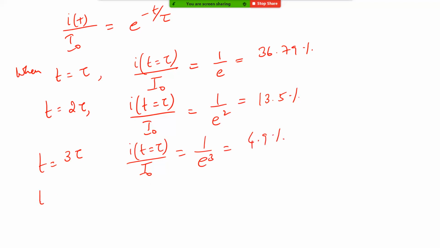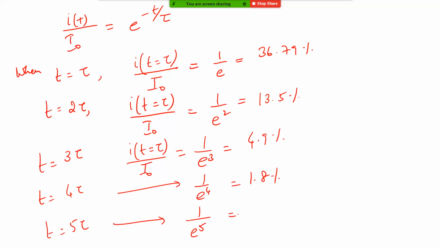When t equals 4 tau, 1.8%. Let's also do up to 5 tau: 0.673%.